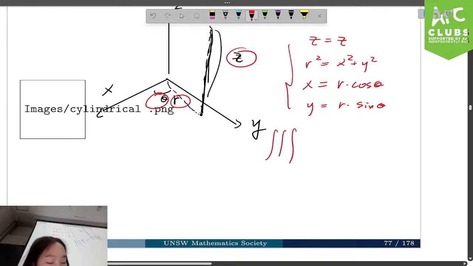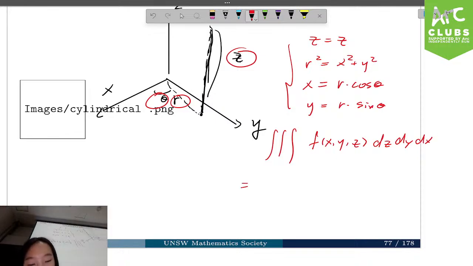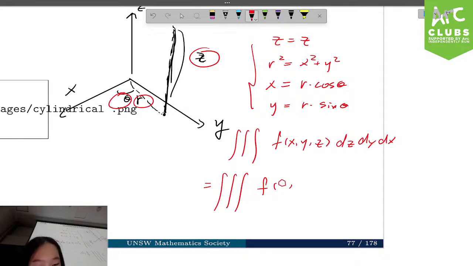And also, don't forget the integral we have. Previously, we have the x, y, z, and the dz, dy, dx. Now, we're using the triple integral for cylindrical coordinates. Then we represent it in terms of r, theta, and z. And then we need to multiply by r over here, don't forget.